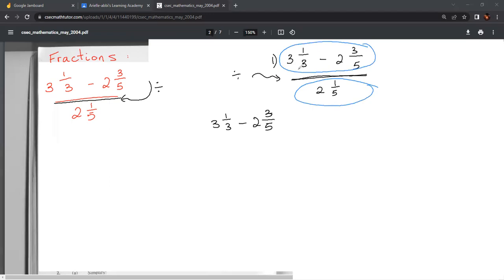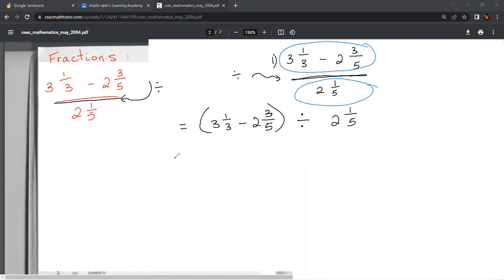Because whatever is this, I want to simplify it and divide it by the simplified answer of what's below here. So I'm going to put this in brackets, divided by whatever is down here. This is a single mixed fraction, so I don't have to put it in brackets.